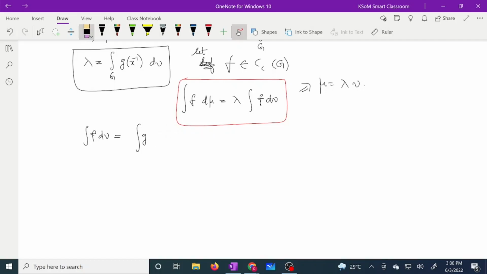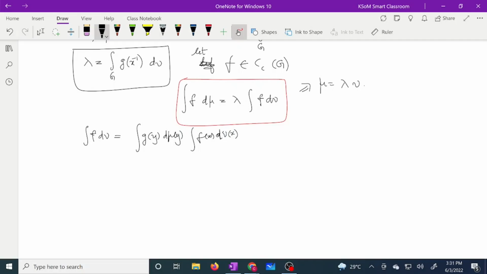The g variable I am writing as y and the f variable I am writing as x: integral g of y d mu of y, times integral f of x d nu of x. This is okay because I have chosen my g to have integral equal to 1.